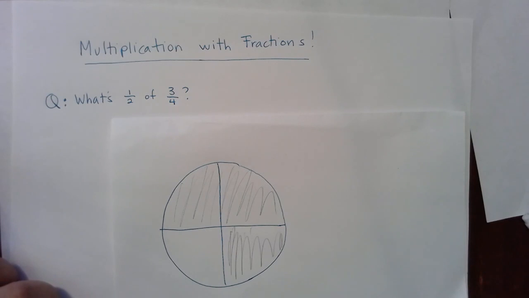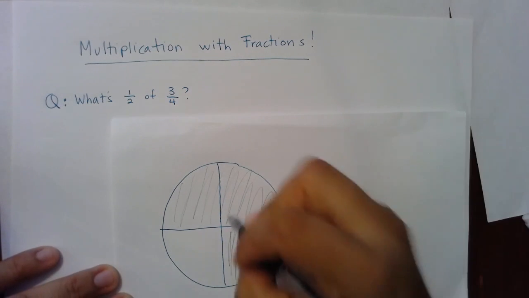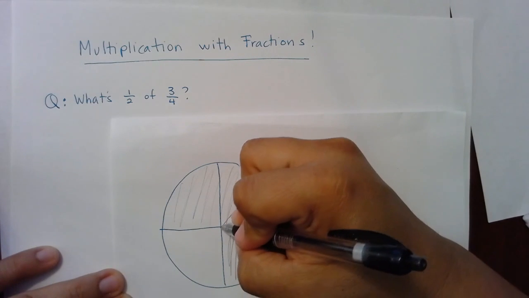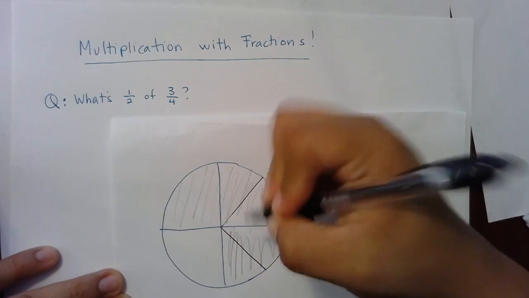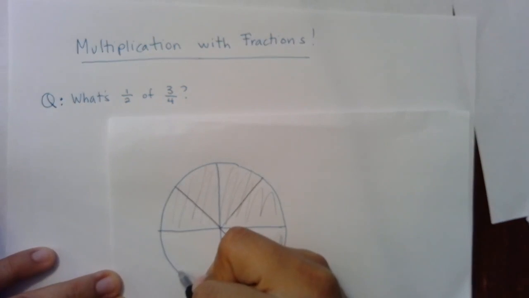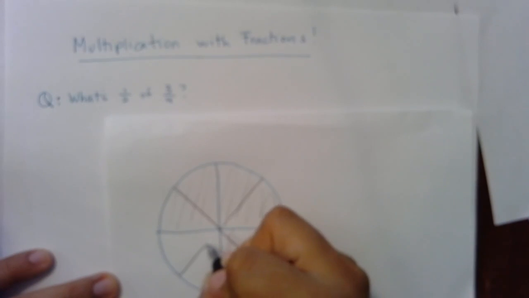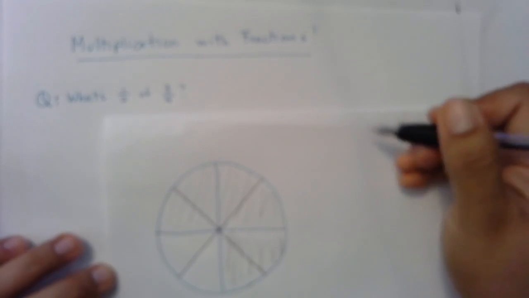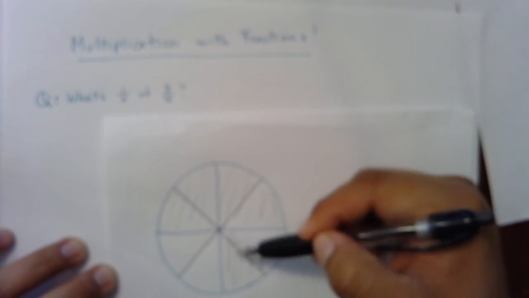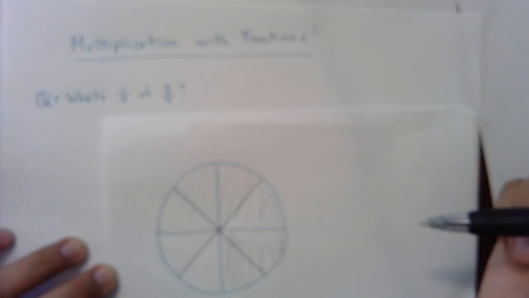It might not be as easy right away, but if we cut this pizza into eighths, we'll begin to see a different story. Now what I've done is split the whole thing into eighths without changing the 3/4, and I've created an equivalent fraction.